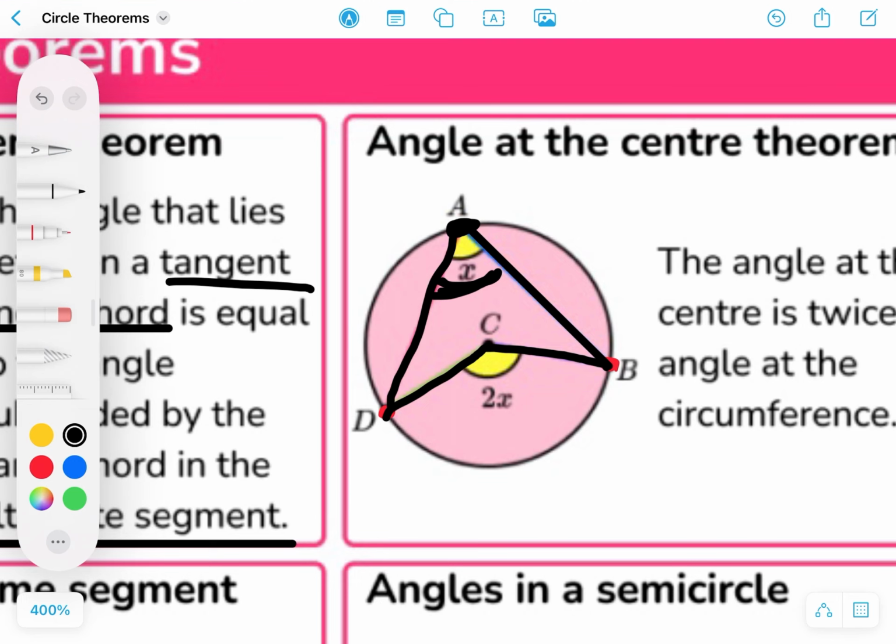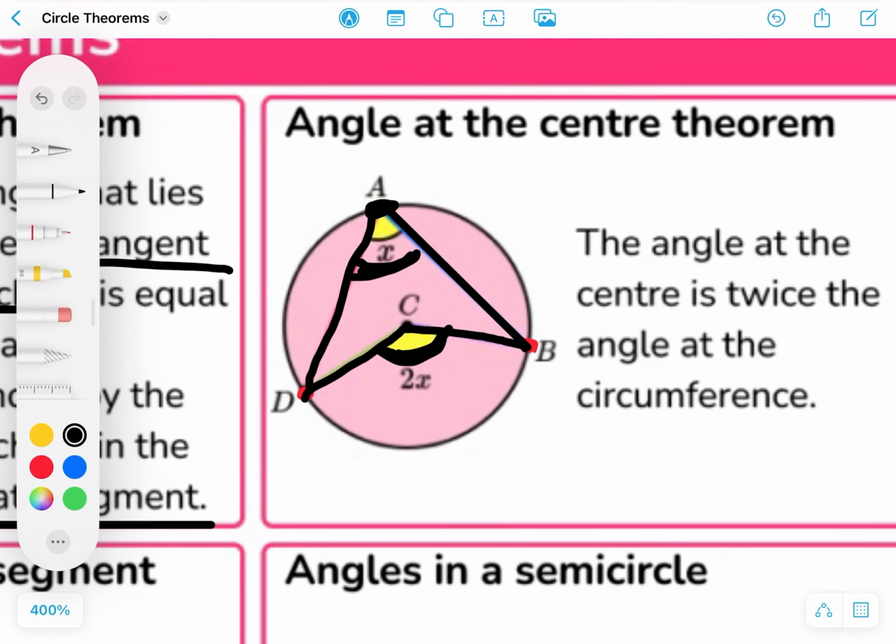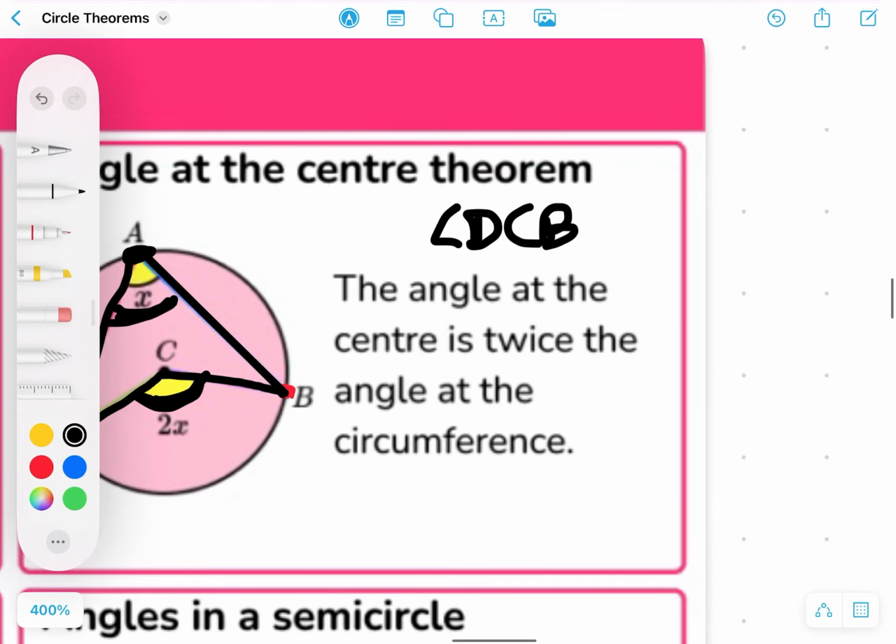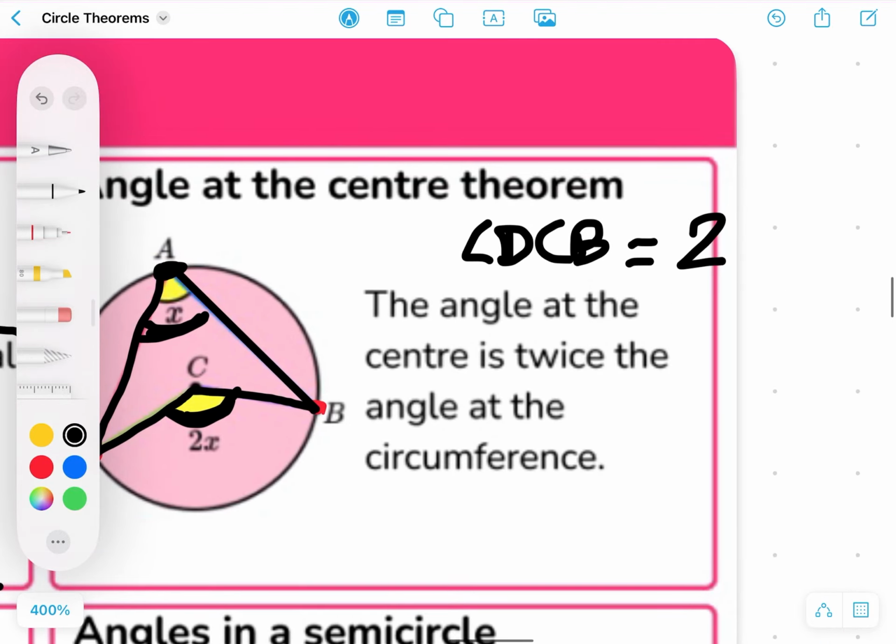So this angle DAB is half of the angle DCB. That's what this theorem is. So the angle at the center is angle DCB. That's twice the angle DAB.